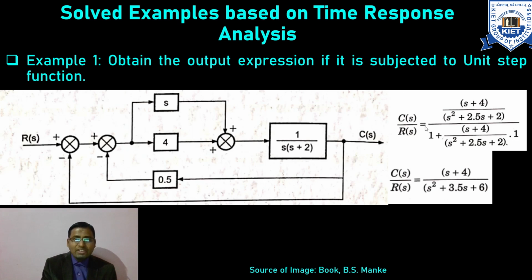After simplification, we get (s plus 4) divided by (s square plus 3.5s plus 6). This is C(s) upon R(s), the overall transfer function of the given system. Clear? Now come to the next.